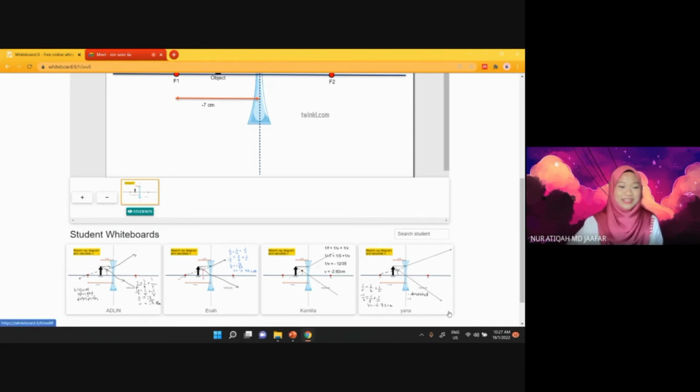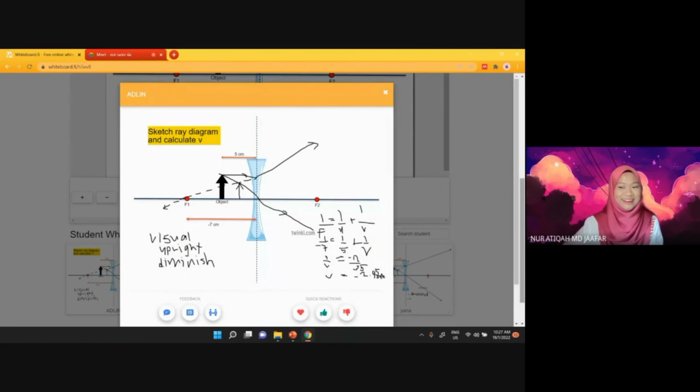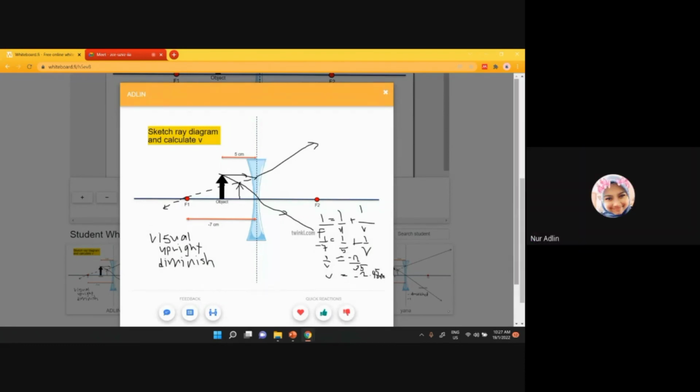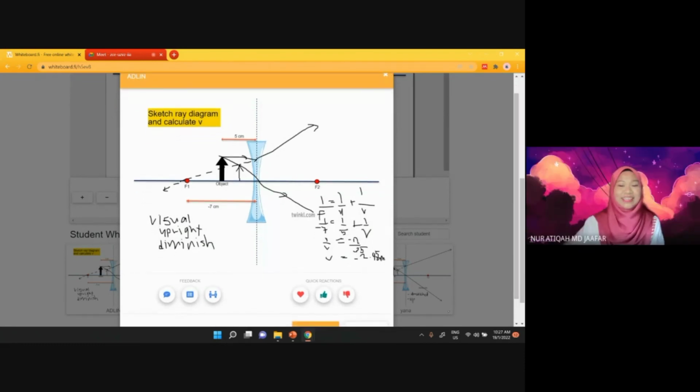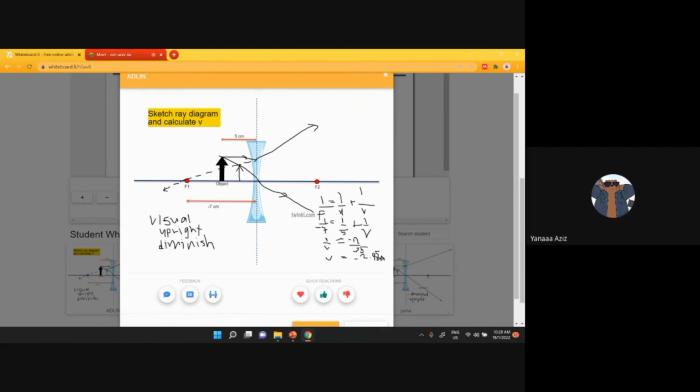Let's take a look at one of your friends' example. I will take Adeline. Liana, do you think Adeline's answer is correct? The drawing is correct.